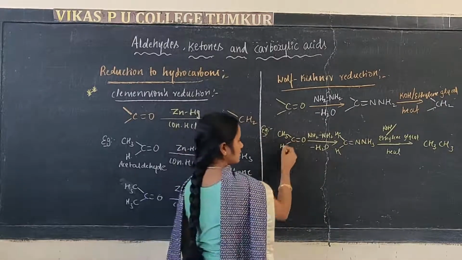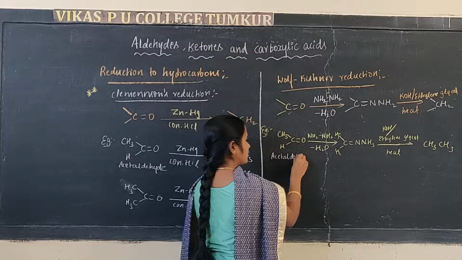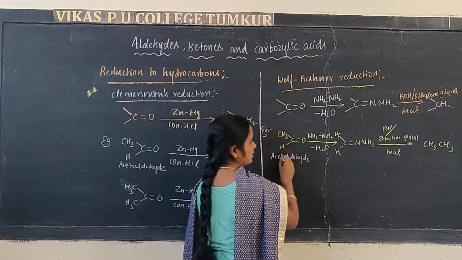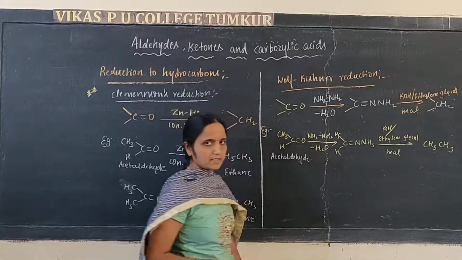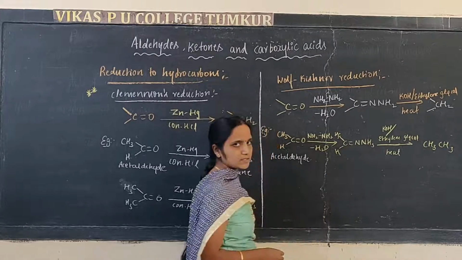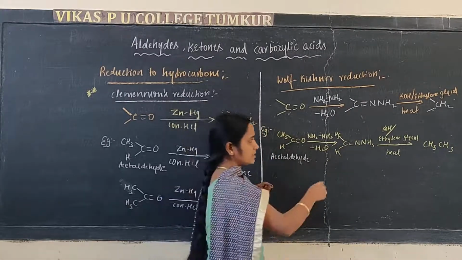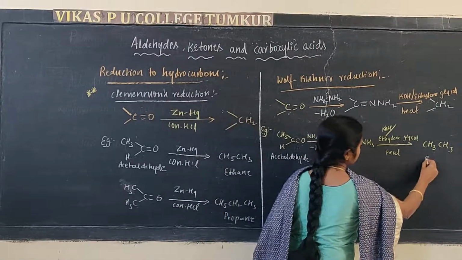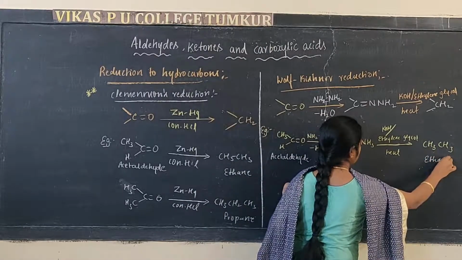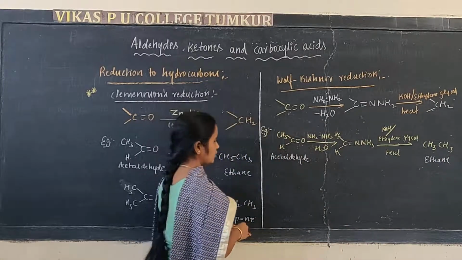The name of this compound is acetaldehyde. This on treating with hydrazine forms acetaldehyde hydrazone. Then this is treated with KOH, and the product we get is ethane.